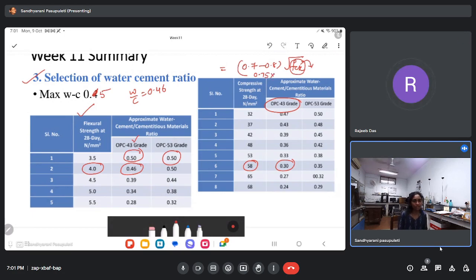That means we assume that if any concrete or mixture has 100 megapascals of compressive strength, 70 would be the flexural strength. That means if any concrete is going to fail at a 100 megapascal load, in flexure it can't take the 100 megapascals. It takes only 70 to 80% of the load.